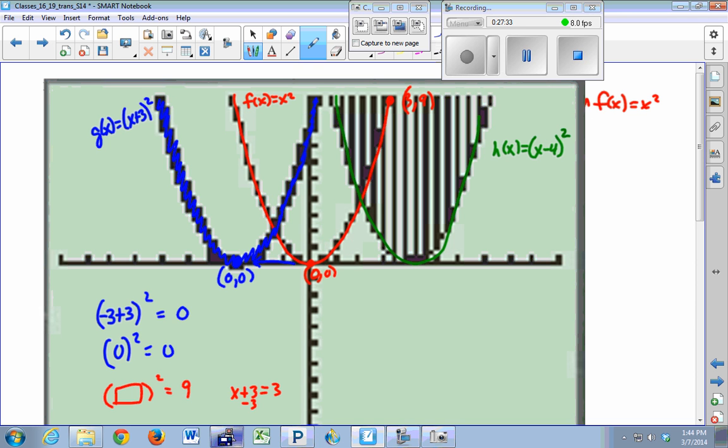So to solve that equation, x must now be 0. So 0 plus 3 squared is 9, because 3 squared is 9. So notice this point originally was 3, 9, and now it's 0, 9. So every single point on this red parabola has been shifted to the left, moved horizontally to the left 3 units.